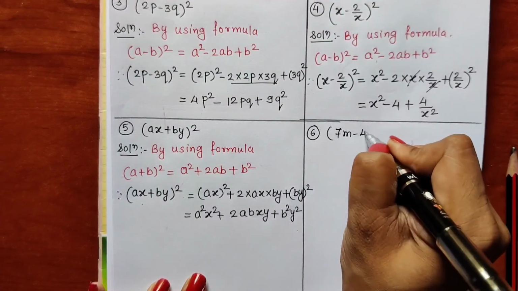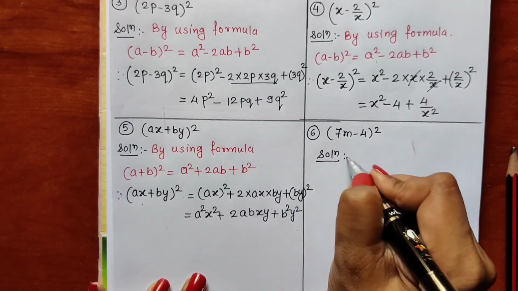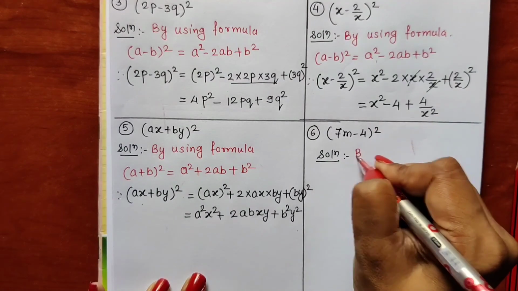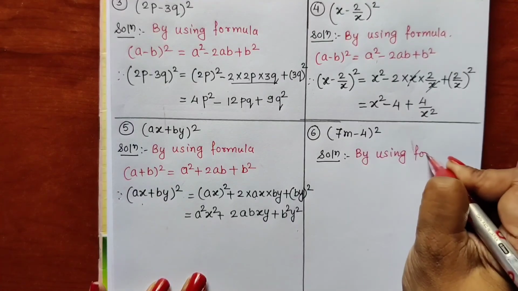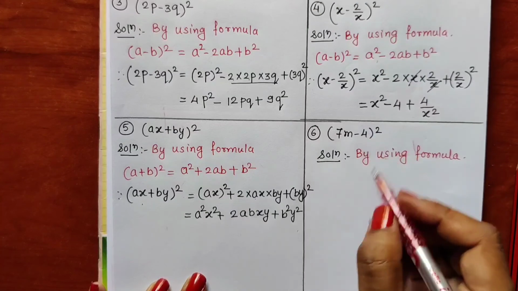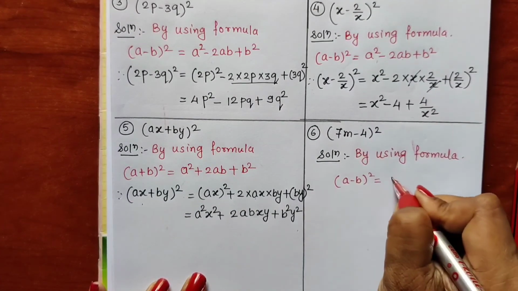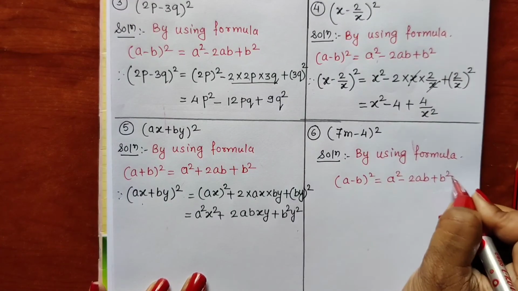(7m minus 4) square. Again we will start our solution by using formula. Minus is there, so we have to use the formula of (a minus b) whole square is equal to a square minus 2ab plus b square.